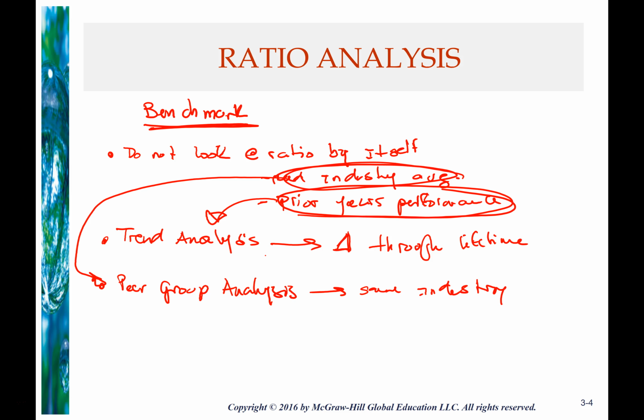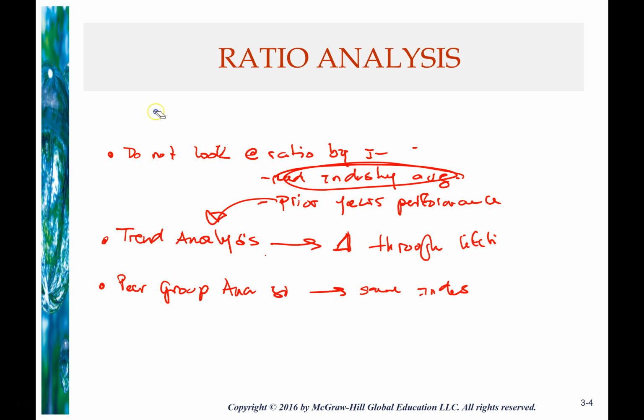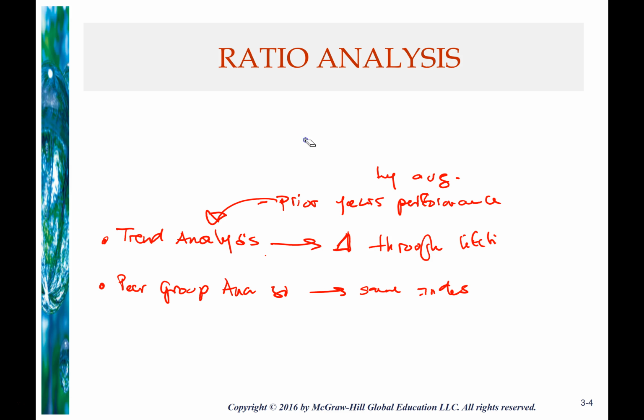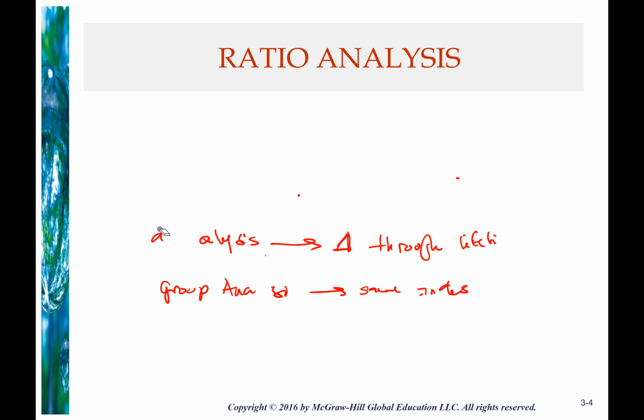So do not kill yourself in memorizing formulas, but pay attention to where exactly you have to go to find the numbers to compute the ratio. Okay. All right. So let's go into the main categories of ratios that I think are very important that you will see on a regular basis if you decide to go into finance as a major.